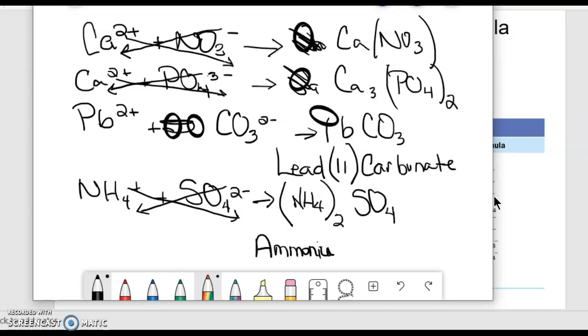This little pen is really hard to write with. Sulfate. All right, that's how you deal with polyatomic ions, and also how you deal with the transition metals with polyatomic ions. And now we're going to move on, and we're going to try to go backwards.